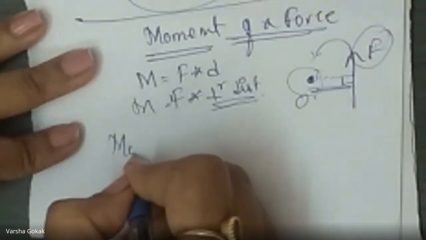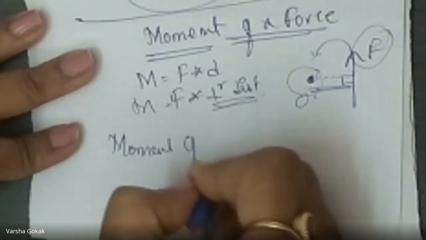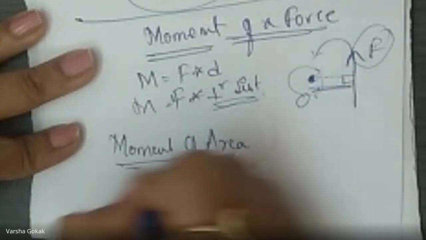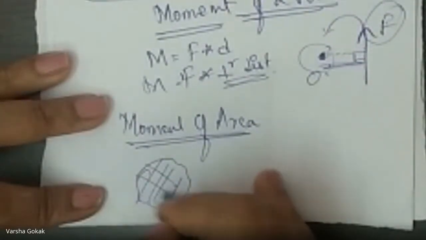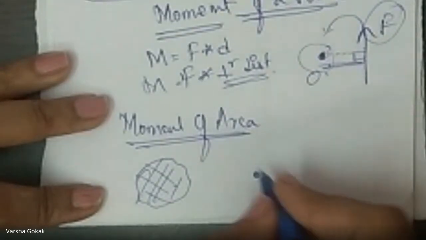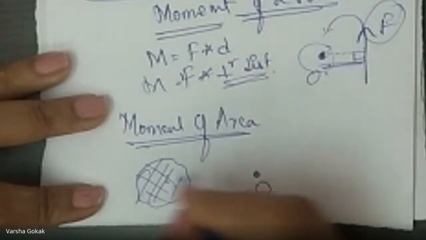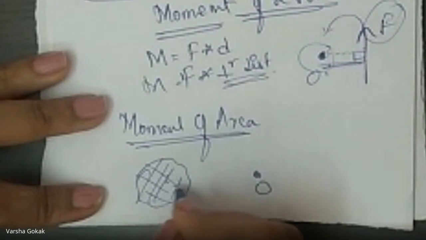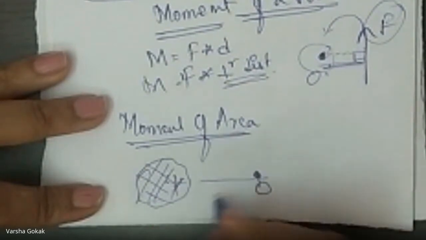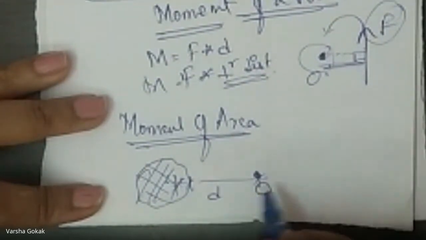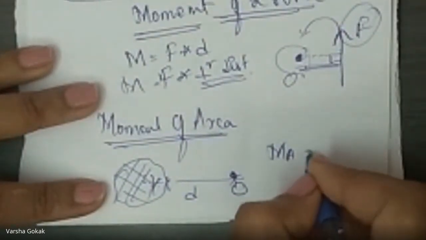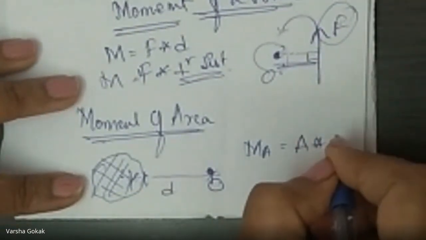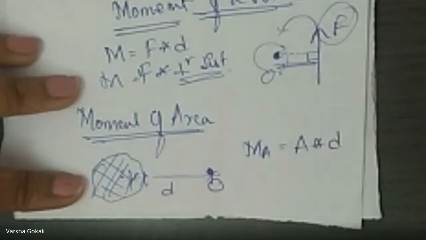If I tell you moment of area, there is some area and there is a point here, say O. I have to take the moment of this area about this point. So I will have to get a perpendicular distance from the area to the point where I'm taking the moment, and moment of that area is going to be area into the perpendicular distance.